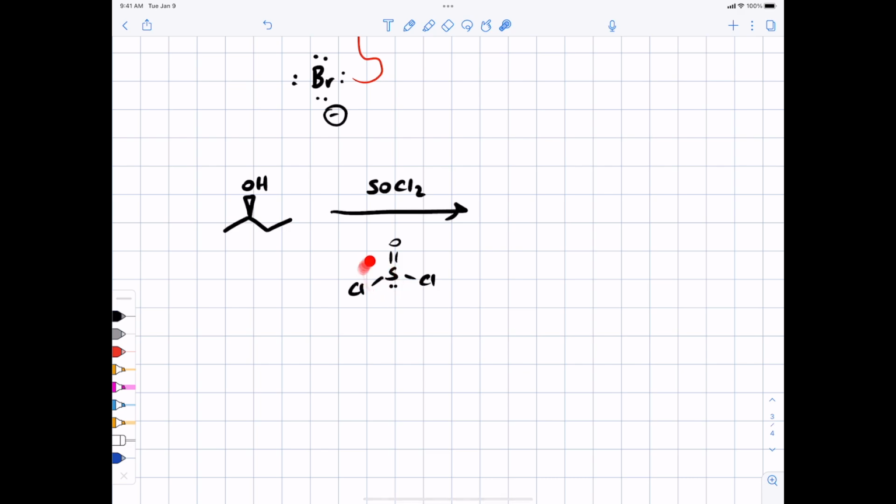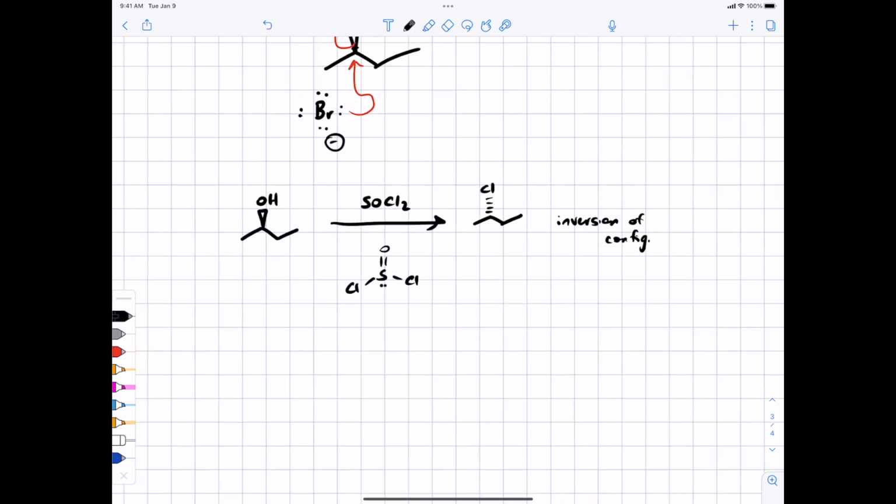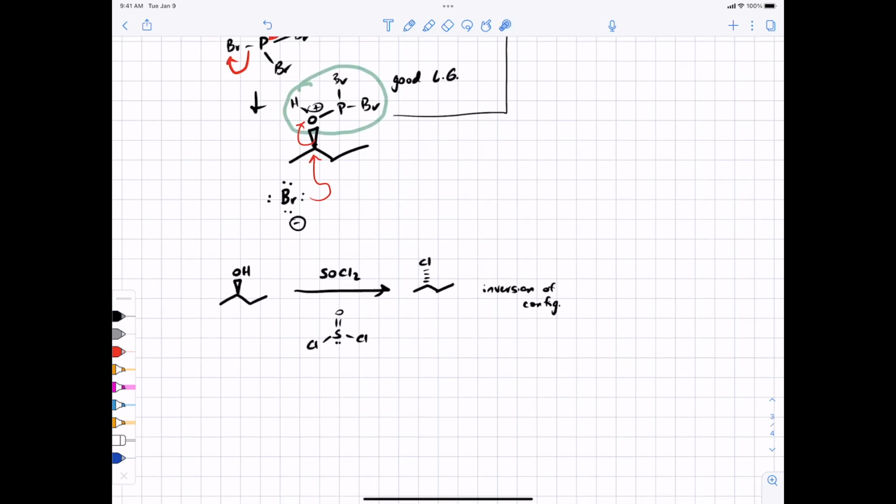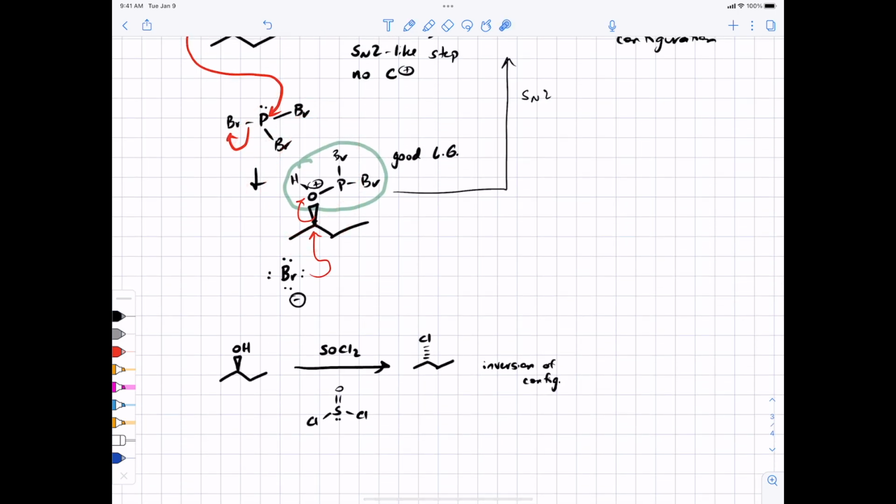Sulfur can have more than 8 electrons around it, just like phosphorus can. This gives you the corresponding chloride, again with inversion of configuration. The mechanism for this reaction, I could draw it for you. It's much like this one, and I don't actually think it's worth knowing, so we're not gonna.